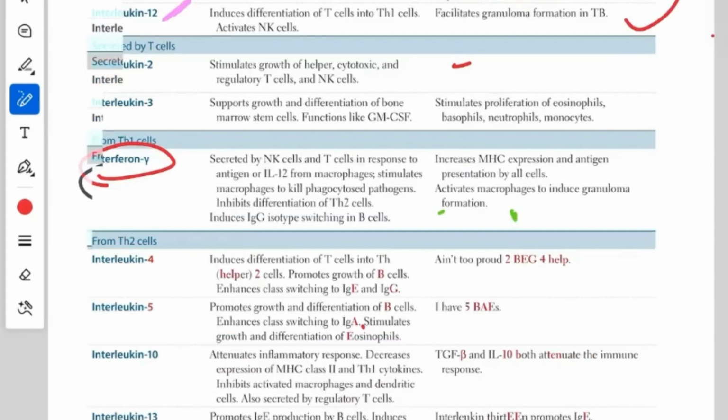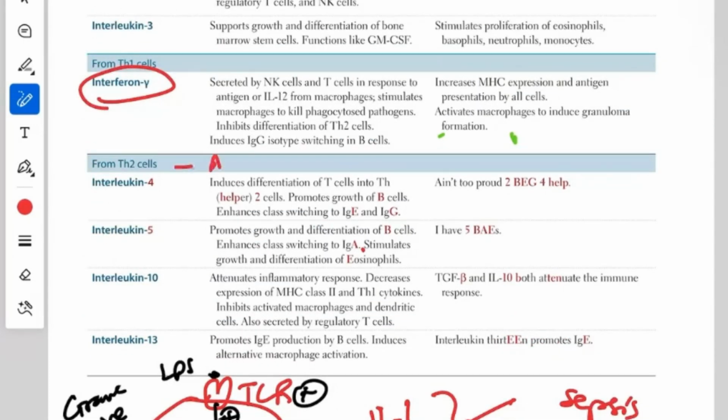Now, if it's Th2, this happens in the presence of an allergen or in allergic reactions. You're talking of interleukin 4, 5, 10, and 13.